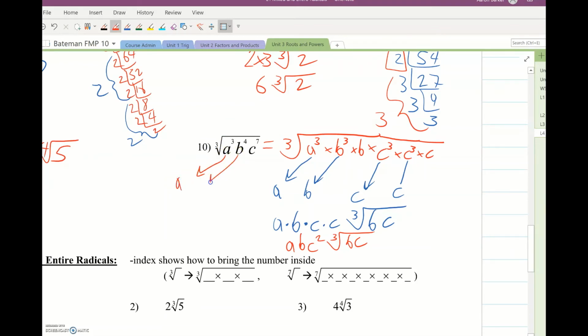You can take out a group of 3, but there will be a b left over. You can take out 2 groups of 3. See the exponent 2 there? 2 groups of 3, so you'd have exponent 2, and there would be a c left over. So then you're going to get a b c squared, cube root bc.